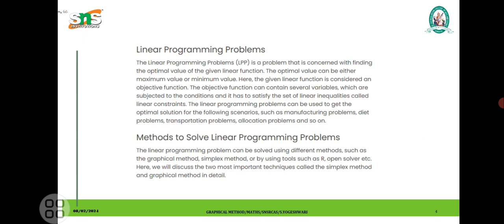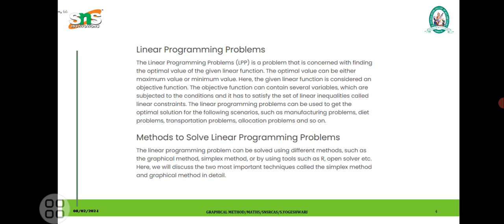The objective function can contain several variables which are subjected to conditions, and it has to satisfy the set of linear inequalities called linear constraints. The linear programming problem can be used to get the optimal solution for scenarios such as manufacturing problems, diet problems, transportation problems, allocation problems, and so on.